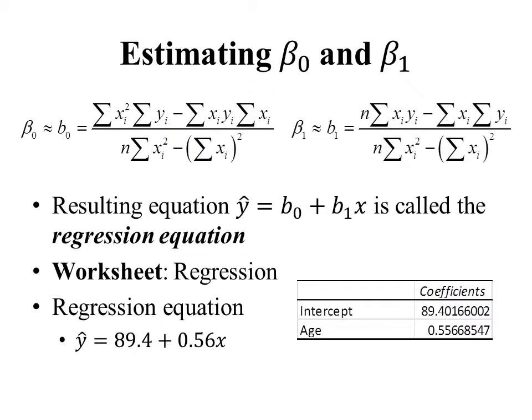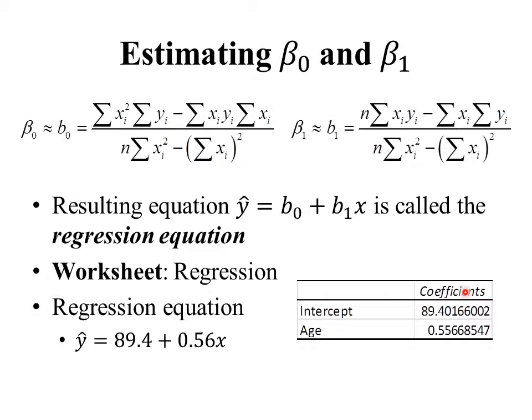But so we'll go back to the worksheet regression. Now we don't have to do any more work to calculate this regression equation. Excel has already done it. If we look further down into our results, we'll see cells that look like this, that are titled coefficients. Coefficients are generic names for these constants B naught and B1.